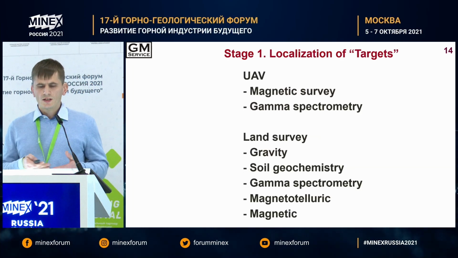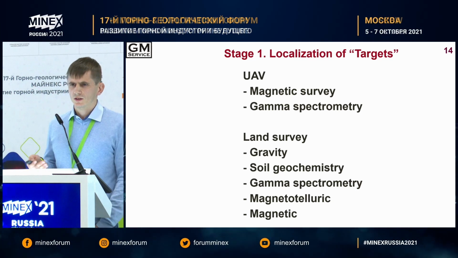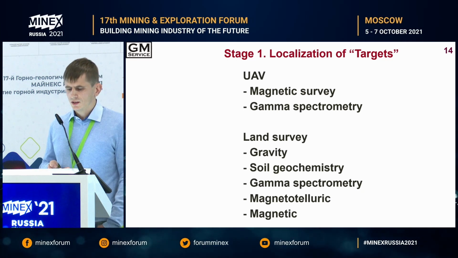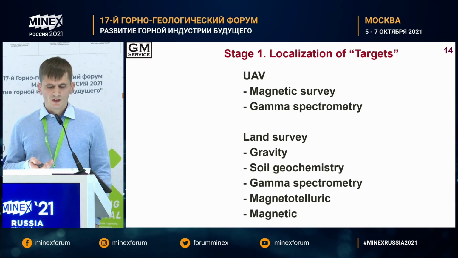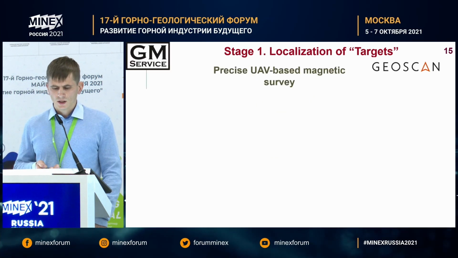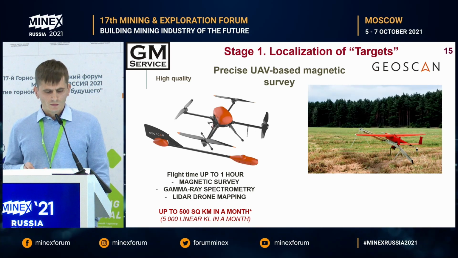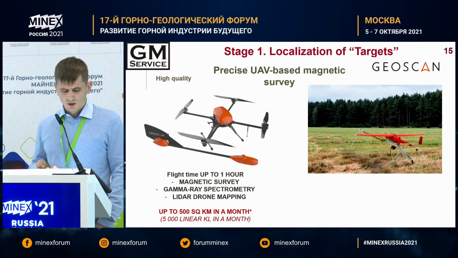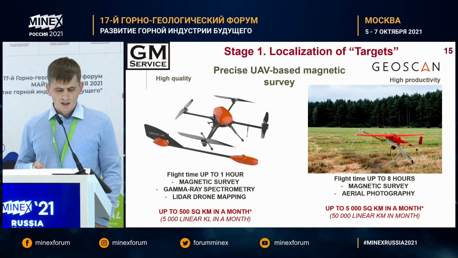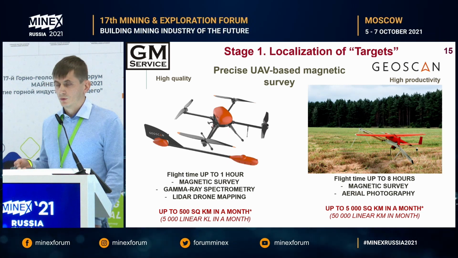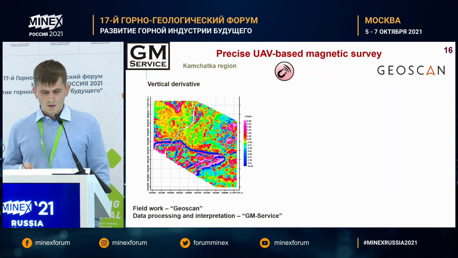The strategy should be divided into 2 phases. The first phase is localization of targets. In this phase, it is useful to use UAV surveys. UAV devices are very widely developed, and depending on your choice of device, in 1 month you can cover between 500 square kilometers and up to 50,000 linear kilometers.